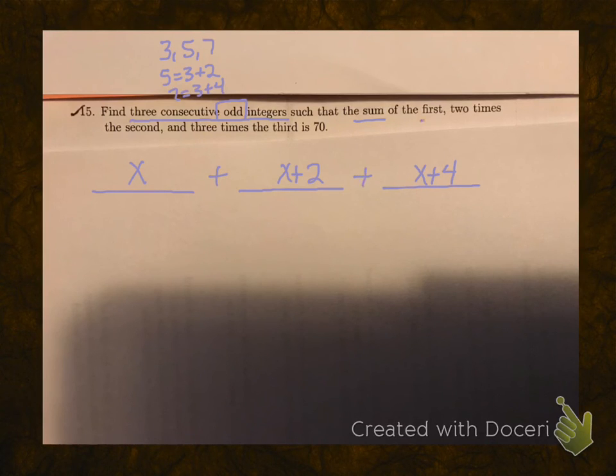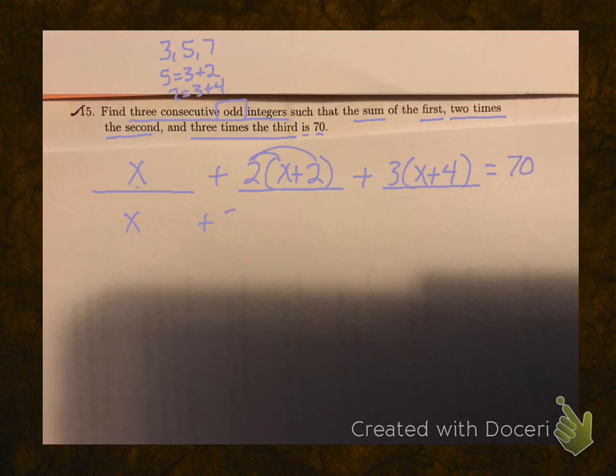So plus and plus. We've got the first. Okay. And the second is 2 times the second. And then the third is 3 times the third. Is equals 70. So we'll start with x. Distribute my 2.